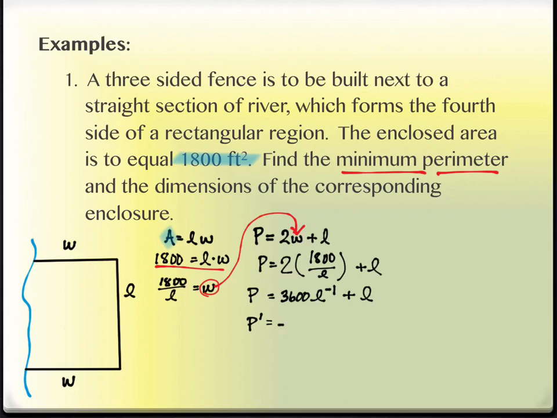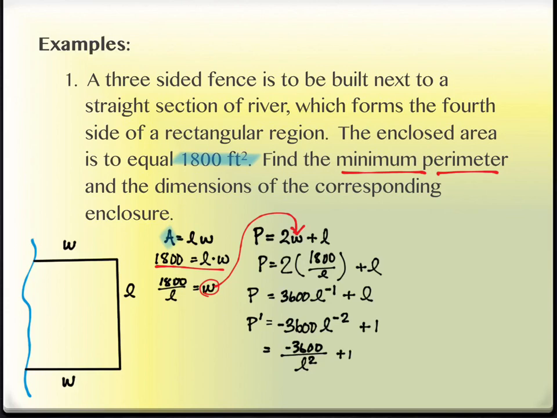Negative 3600 L to the negative second. Yes. And what's the derivative of the plus my 1? So if I rewrite this just a bit, this is negative 3600 over L squared plus 1. Everybody good? Have a derivative.